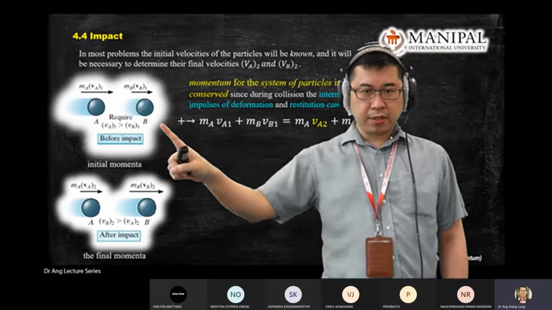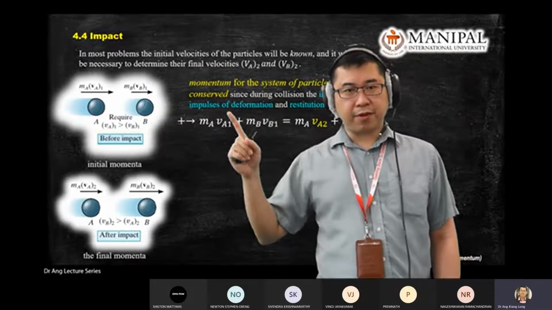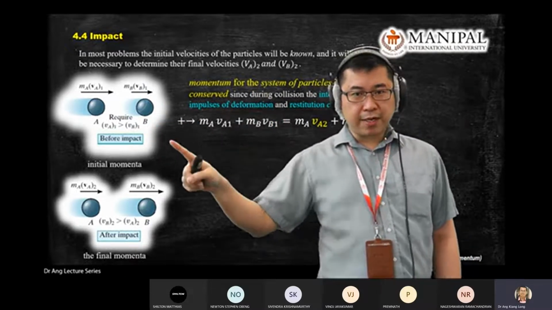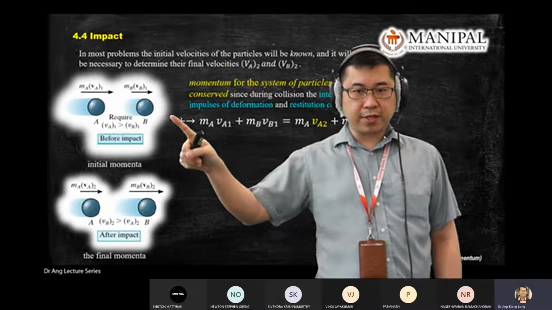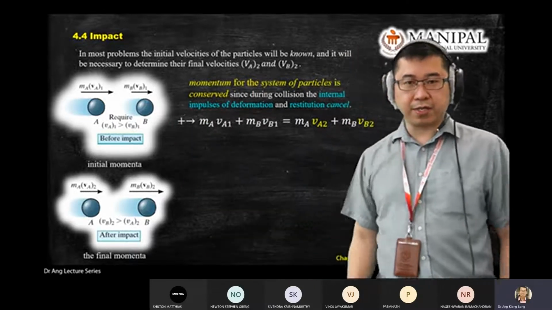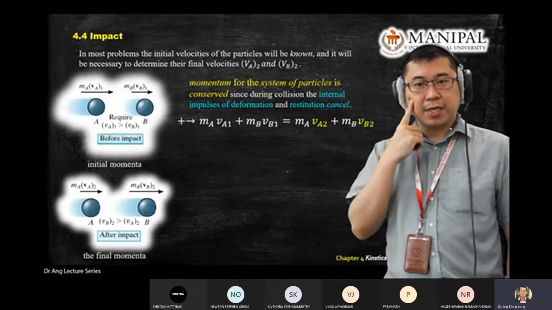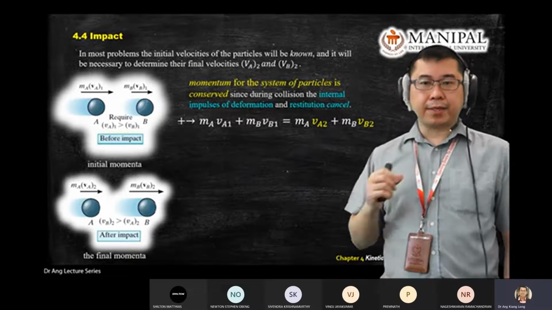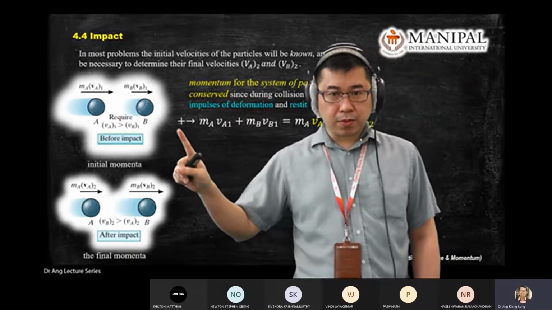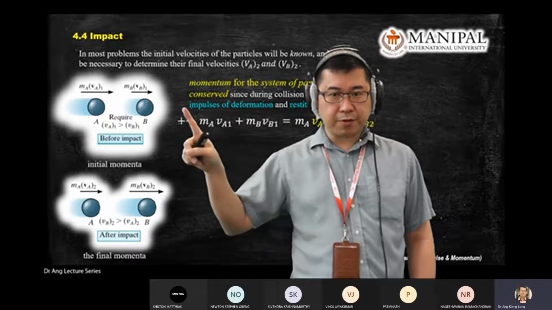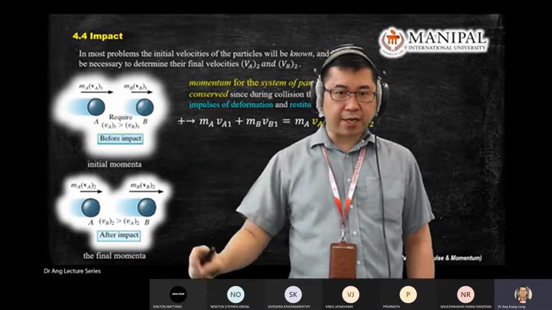Starting from chapter 4, you'll see we are using direction in our calculation, because direction is important in momentum and impact. So to the right is positive. Start practicing giving direction in your answer.